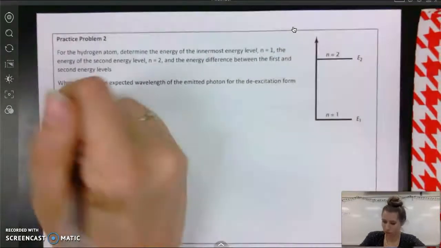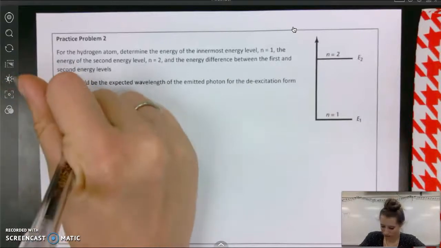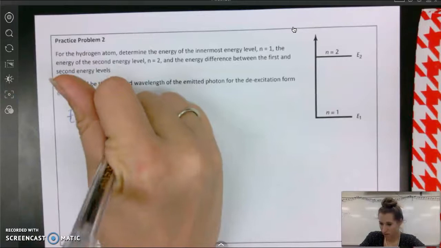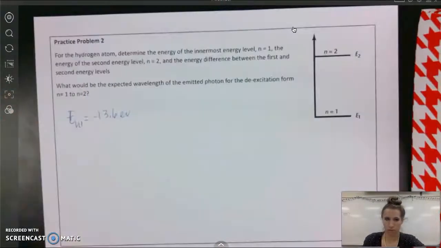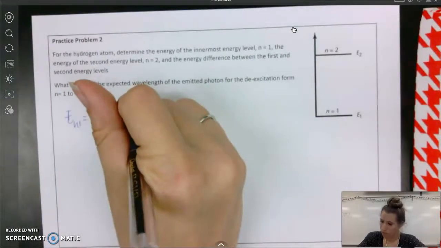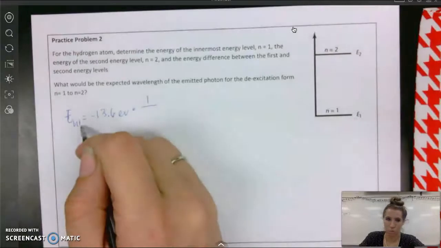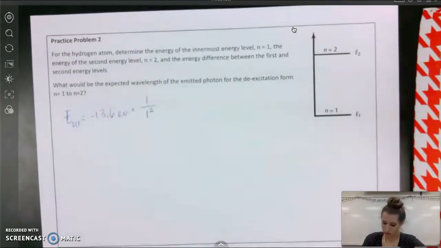Our equation is that the energy level is going to be negative 13.6 eV, and we'll do n equals 1 first, multiplied by 1 divided by our n number, which in this case is 1 squared.